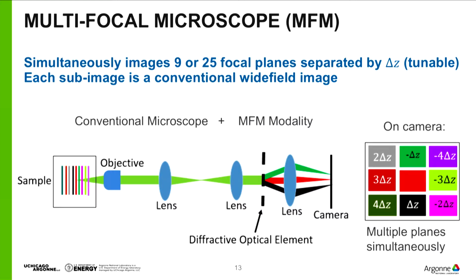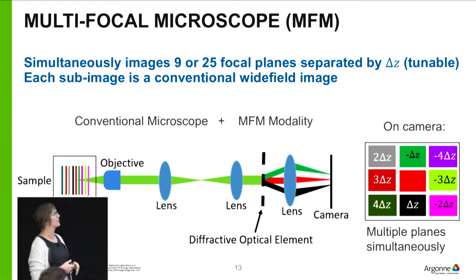But a bunch of different images. So if you look at these, here we have something that's at 4Z, 3Z, 2Z, and they map onto the detector as these different, I'll call them tiles, that are different depths in the sample all at one time.